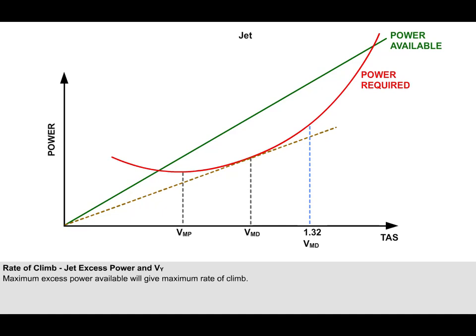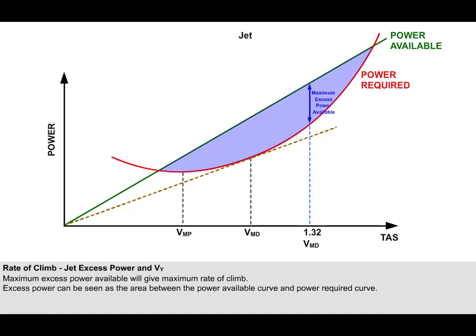Having analysed the reference speeds, the object now is to locate where excess power available is maximum. The area between the 2 curves represents the area of excess power. On the graph, the greatest amount of excess power available will be found where the distance between the curves is at maximum, as shown here.